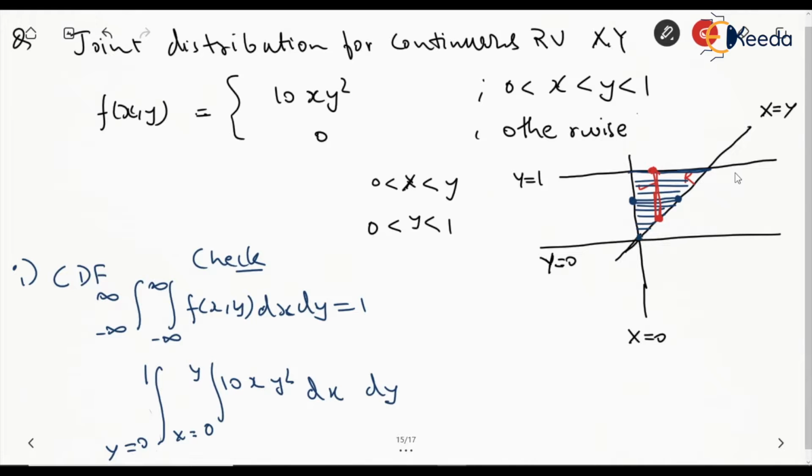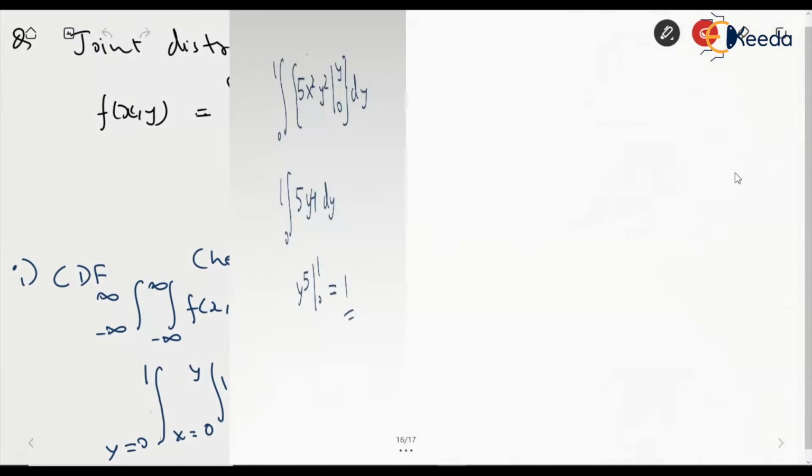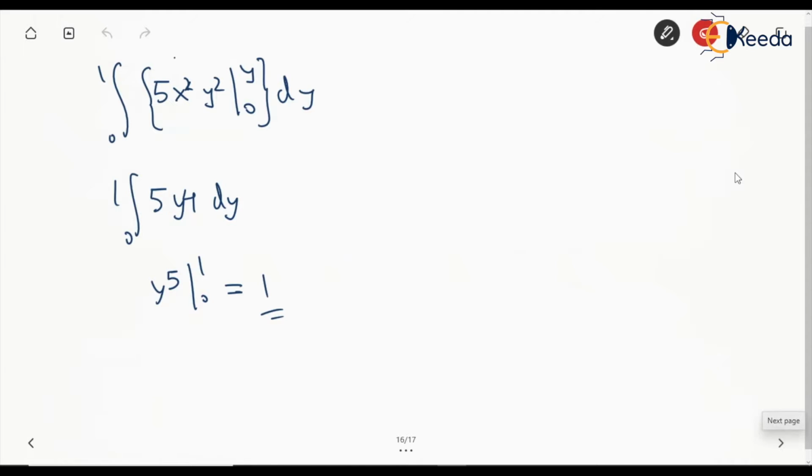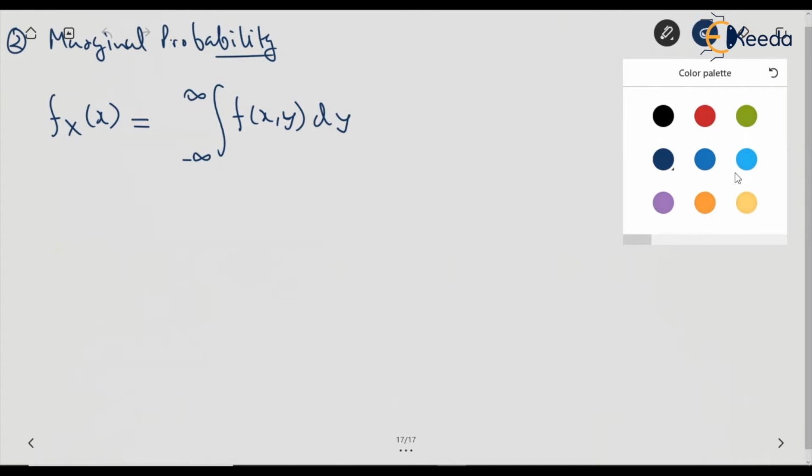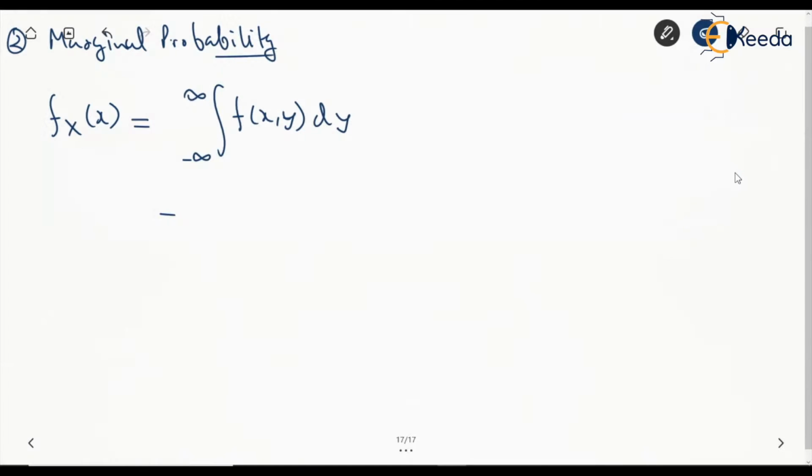Instead of writing x is equal to y, I'll write y is equal to x, and this is y is equal to 1. So the lower limit and upper limit for y is going to be y is equal to x to y is equal to 1, and the function is of course 10x y square dy. So we can integrate this.